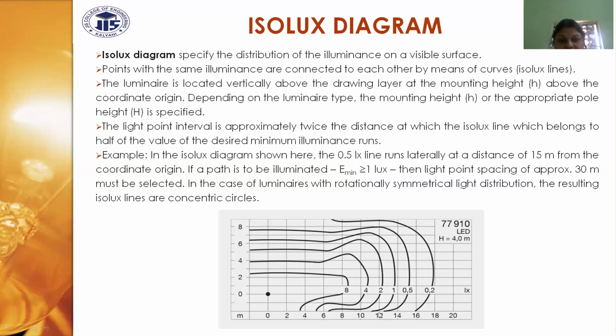If a path is to be illuminated with E minimum greater than or equal to 1 lux, then a light point spacing of approximately 30 meters must be selected. In case of luminaires with rotationally symmetrical light distribution, the resulting isolux lines are concentric circles.